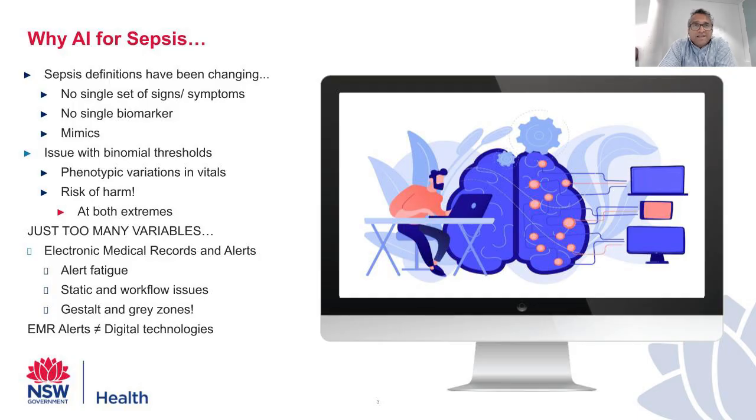So, in short, the implementation of binomial threshold-based clinical pathways in electronic medical records without the complex technical architectures to capture clinical information around risk factors leads to significant alert fatigue and also potentially not significantly higher improvements in sepsis detection and management.